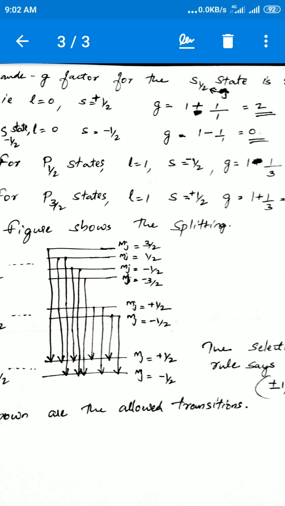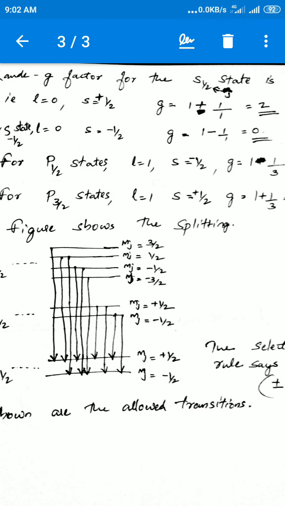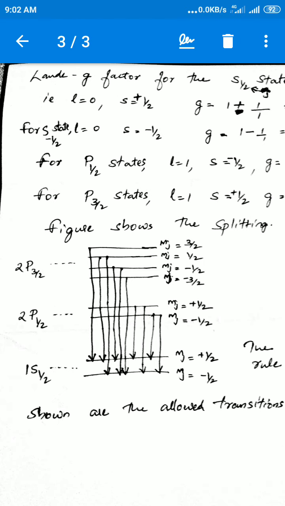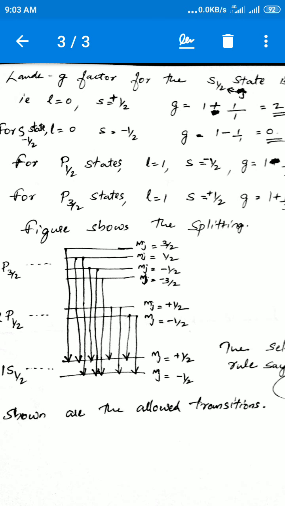That is how I have drawn the splitting. The splitting does not depend on the g factor, but it depends on the value of J. If we know the value of J, then we know how many states it can split into. So if you know the value of J, you can draw the splitting energy levels.